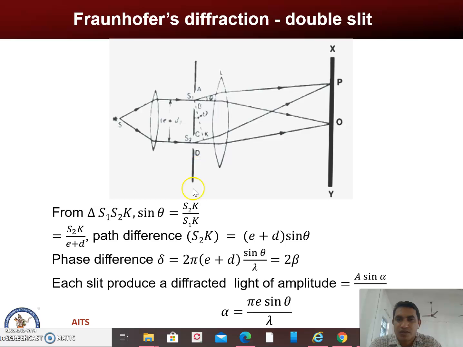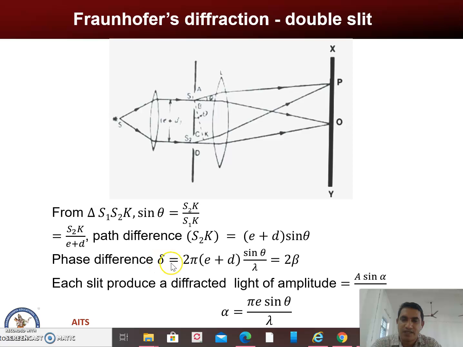S2K is the path difference that we have to calculate. S1K is equal to e plus d, that is the slit width and the distance between the two slits. So the path difference S2K is equal to (e plus d) sin theta.